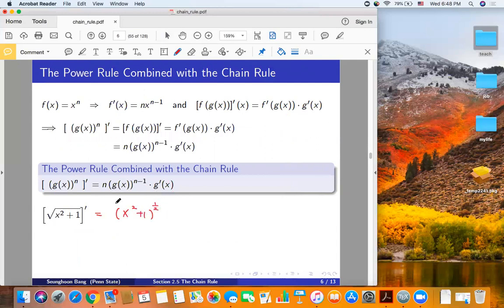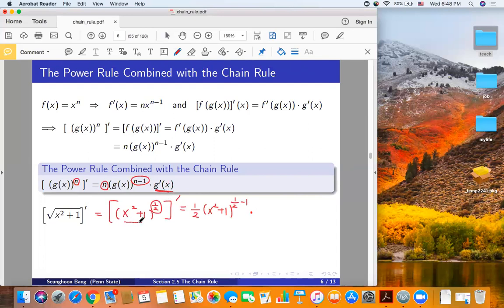You can use the power form prime. This 1/2 is exactly the n. N comes down, 1 over 2 comes down. Keep the inner function x squared plus 1 to the power n minus 1, exactly 1 over 2 minus 1. This is the first part, times the inner function prime.